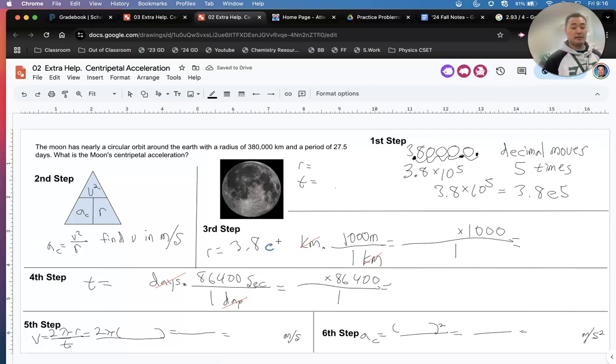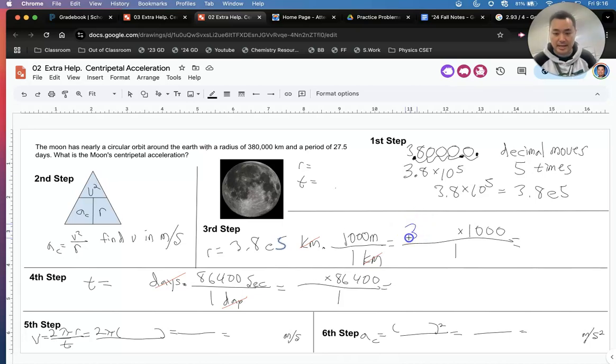What's even shorter than that? E5. All right. Now, next to this is a fraction that turns kilometers into meters because velocity is only meters per second. Exactly. So let's do that.